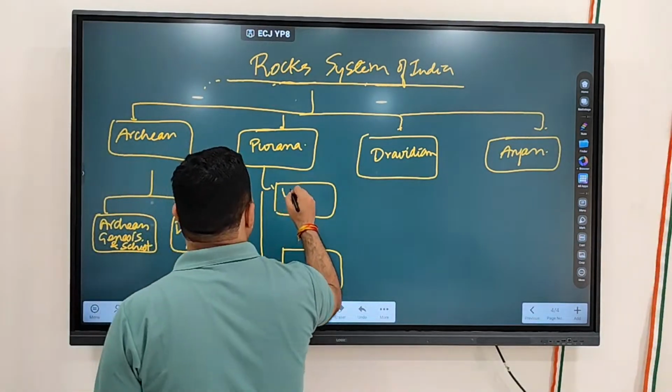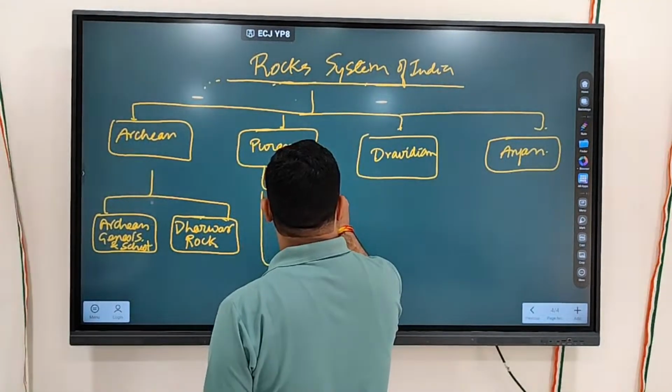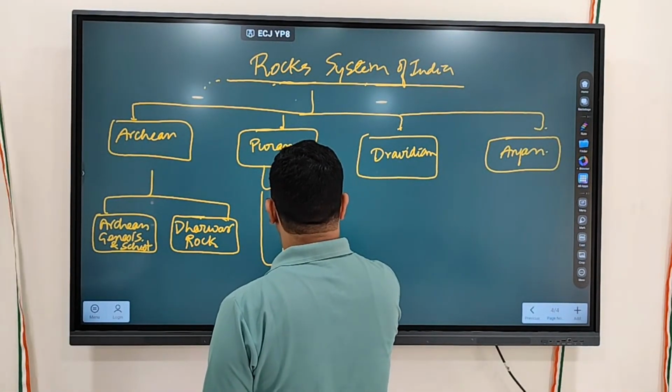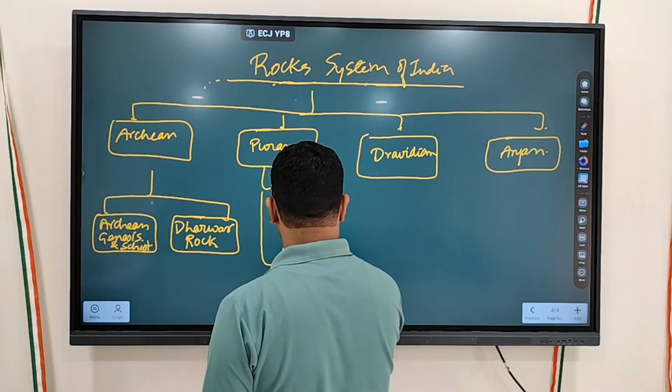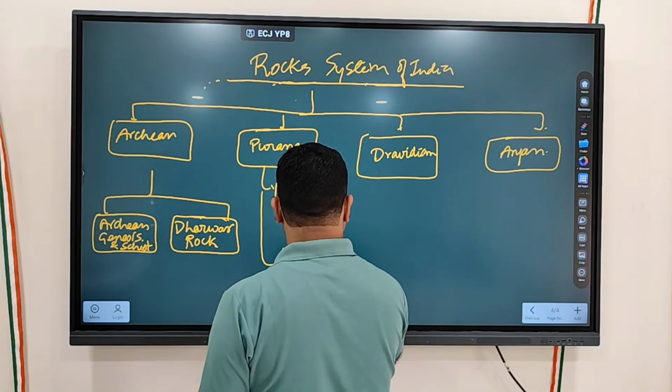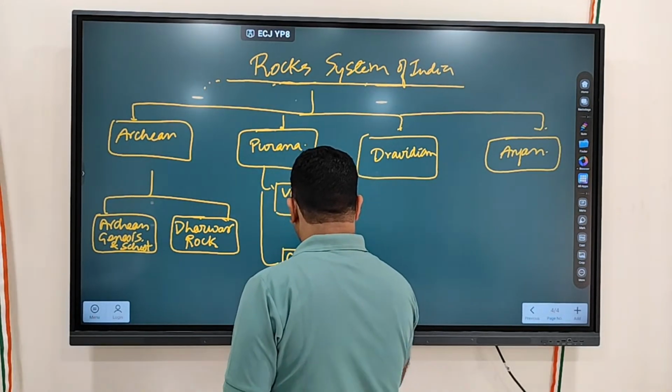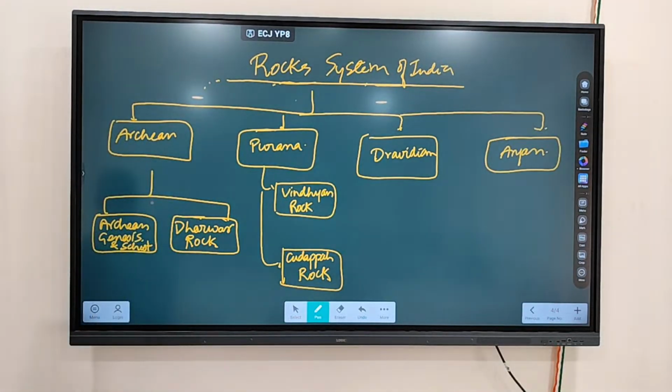Purana is divided into Vindhyan rocks and Kadapa rocks. So Purana is further divided into two different types of rocks, Vindhyan rocks and Kadapa rocks. Then Dravidian rocks are there, and finally you have Aryan rocks.